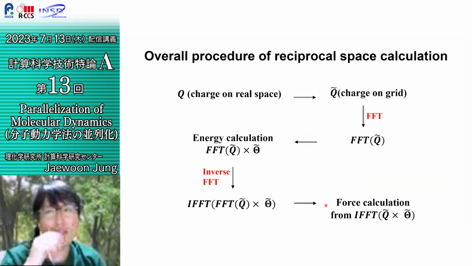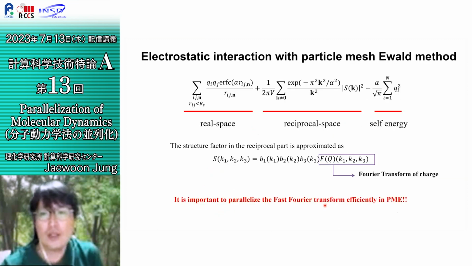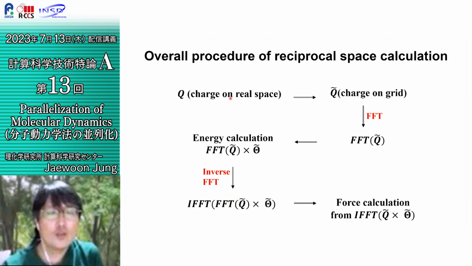Also, in the reciprocal space calculation, not only the fast Fourier transformation but also several other things need to be considered. We need charge on grid data, so first we convert the charge in real space to charge on grid data. This is the first step. After that, we perform FFT, and based on these FFT values, we evaluate energy.